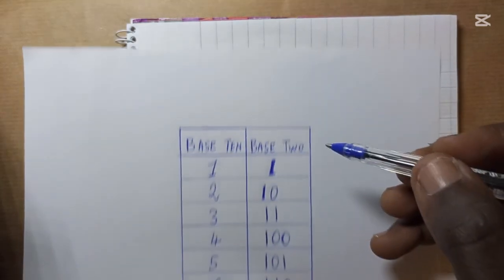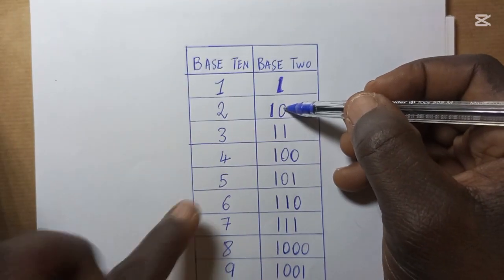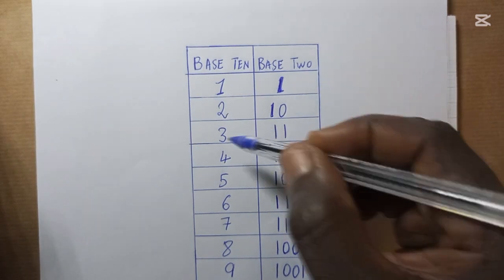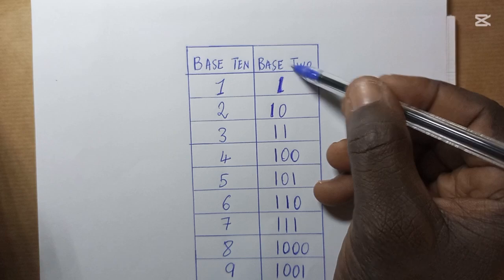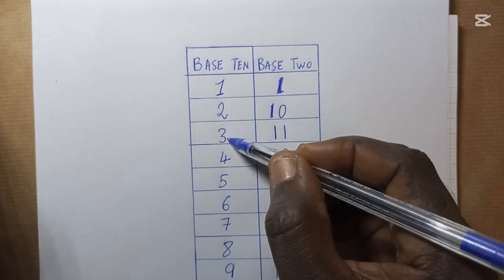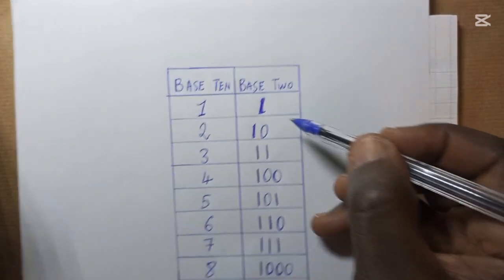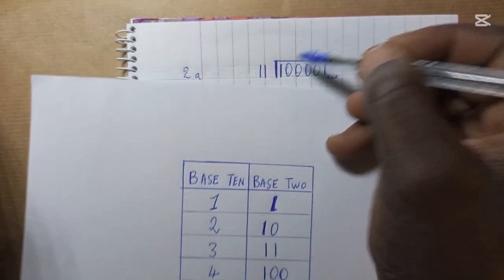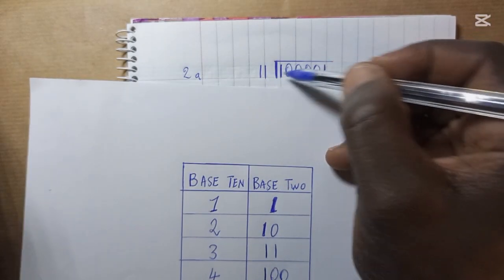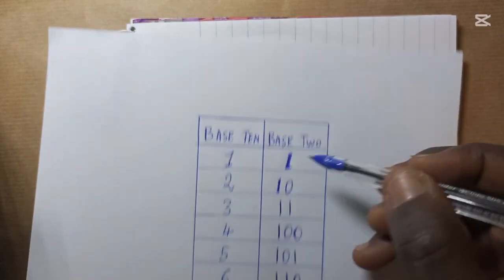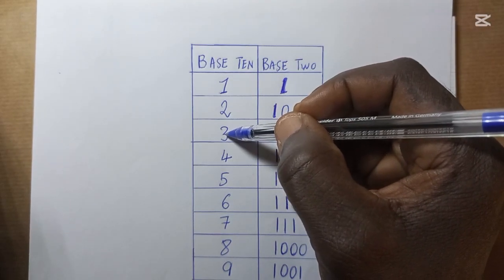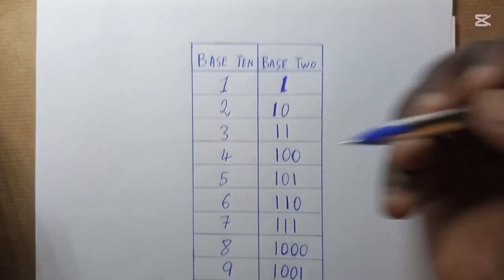Let me now show you here. 1 and 0 here is 2, and then 1 is 3. This is base 2 converted to base 10. So what we are saying here is 10 divided by 11, which is trying to say 2 divided by 3, which is impossible.